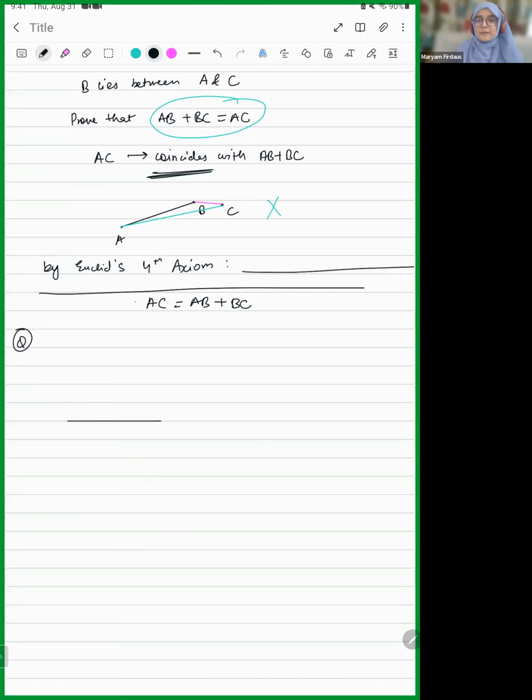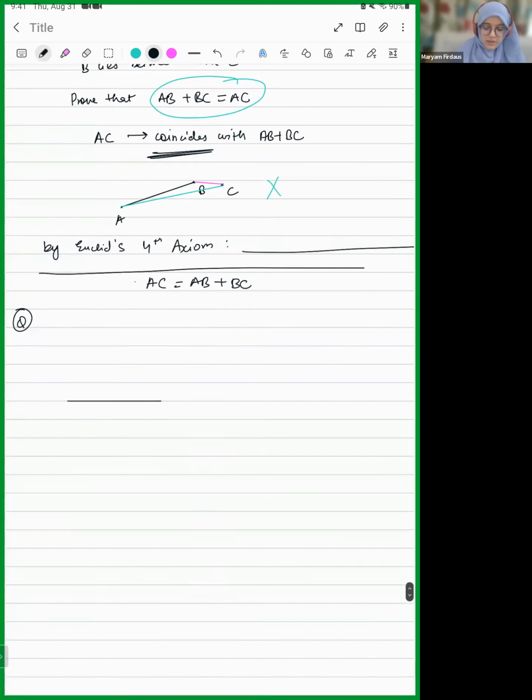So let's just take a random length. Now what we need to do is construct an equilateral triangle. I guess you might have skipped that in your previous classes because that was deleted from the syllabus. Let's say you have taken any radius, let's say 4 centimeters, doesn't matter.